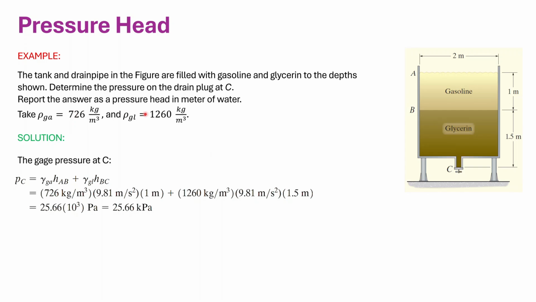We already know the values for density, and if we multiply density, rho, by G, we get gamma.